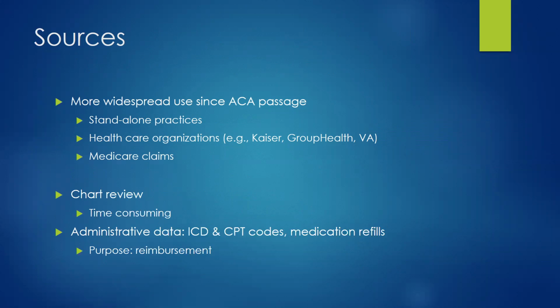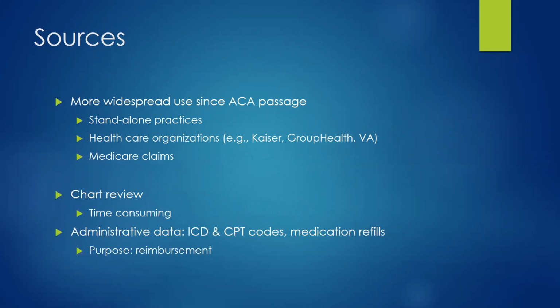So this might involve chart review, so going through individual notes to find information you're interested in, which is very time consuming and might not be possible if you can't get approval from the organization. The other option is to use administrative data, so that would be things like ICD and CPT codes or medication refill information. But it's important to keep in mind that those data are really designed for reimbursement purposes.